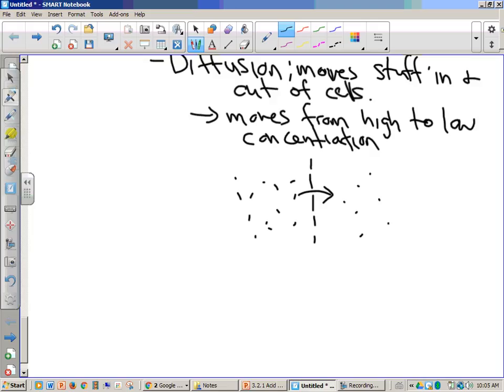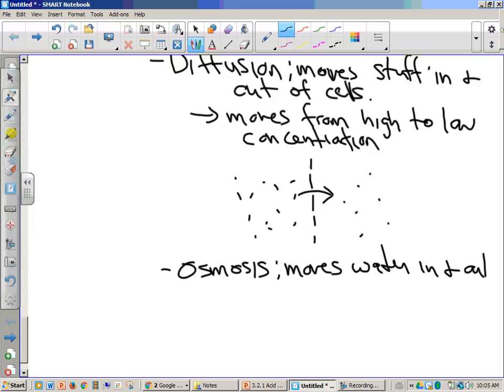The other one is osmosis, and osmosis is the movement of water. It moves water in and out of cells, typically in, but it still moves water. Water goes in the opposite direction. The water will move to where there's a high concentration of salts.